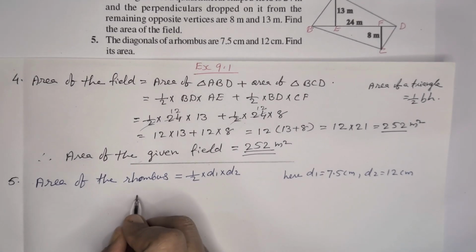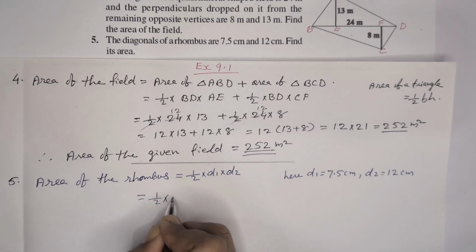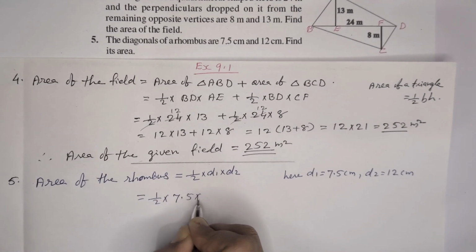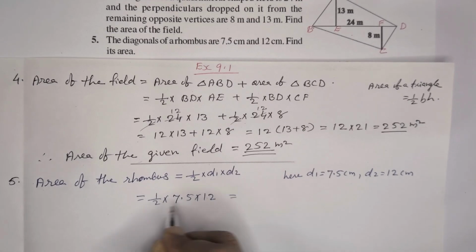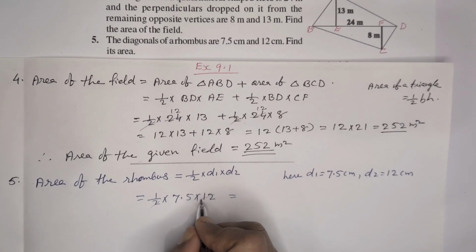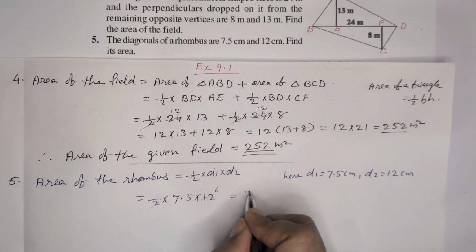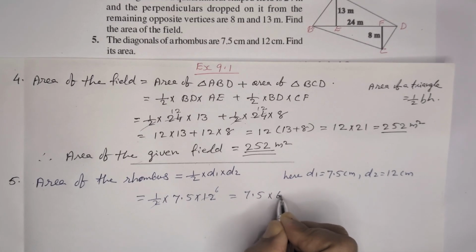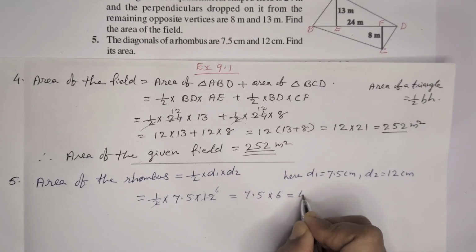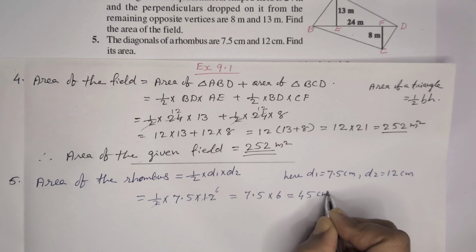So area of the rhombus is equal to half into 7.5 into 12, which is equal to, we can divide by 2 here, 6 times 7.5, which is 45 centimeter square.